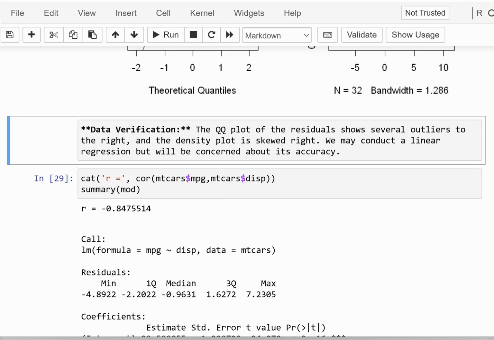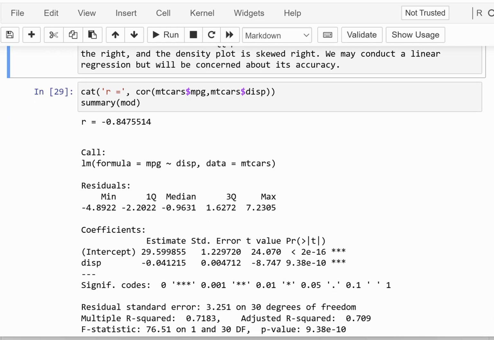Okay, what am I doing here? With the cat variable, I'm creating r equals, right? That's just text. And then I'm doing the correlation of these two data vectors, all right? So COR is the correlation. What am I doing here? Why? Well, you'll see in a second that the regression, which I get when I do the summary mod, all that output lets me know the regression parameters.